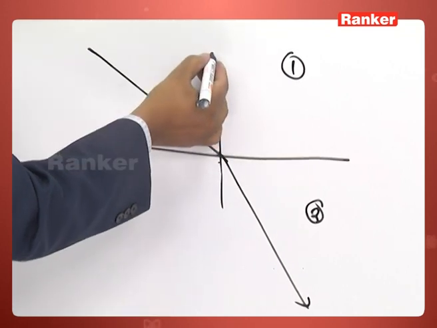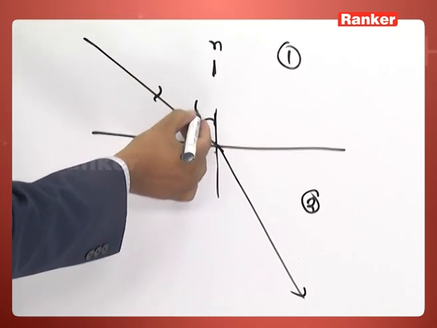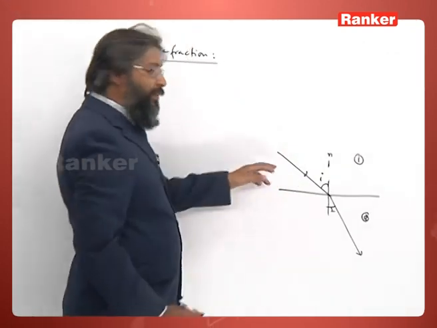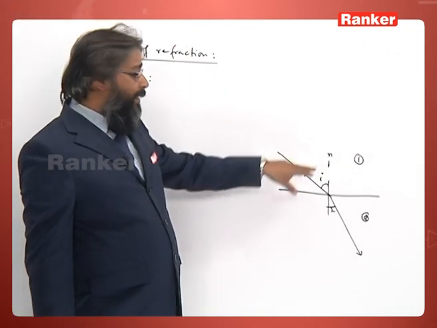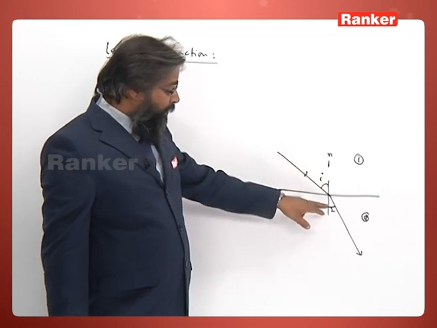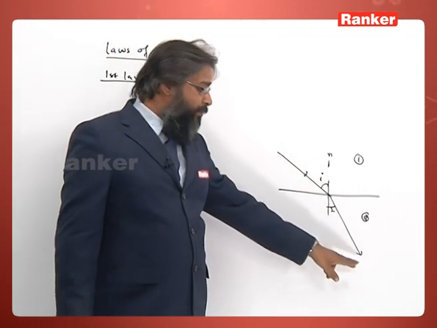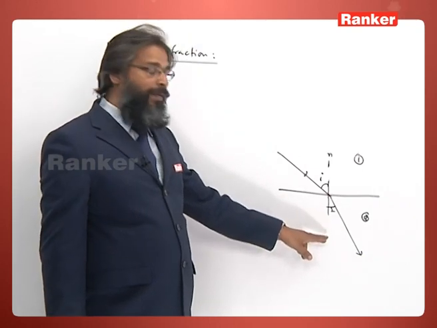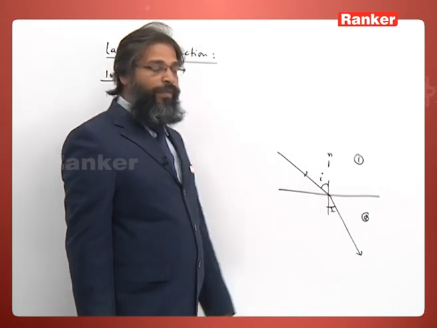The normal, and I call this angle I and this R. The angle which the incident ray makes with the normal is called the angle of incidence. The angle which the transmitted ray, the refracted ray, makes with the normal is called the angle of refraction.